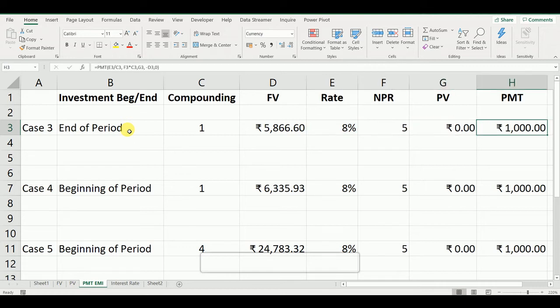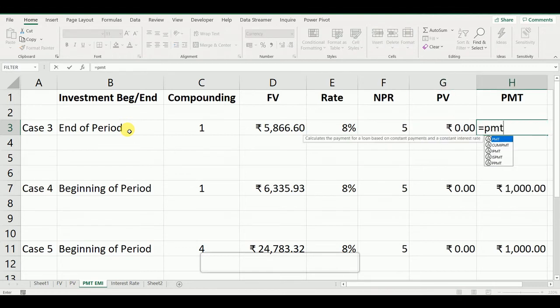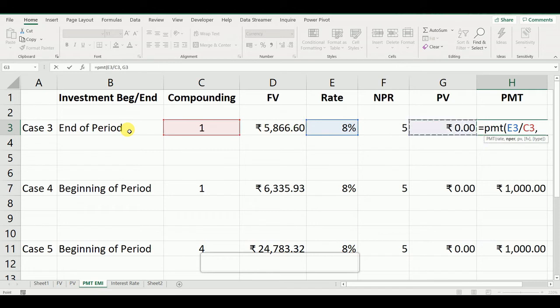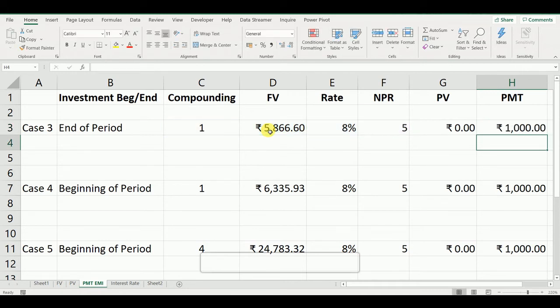So PMT will be PMT, rate divided by number of compounding, then number of periods, and PV is nothing, so we will leave it blank. Now we will select future value and 0. So here we have to invest 1000 yearly if we want to get 5,866 after 5 years.